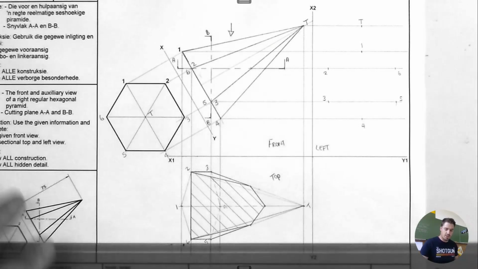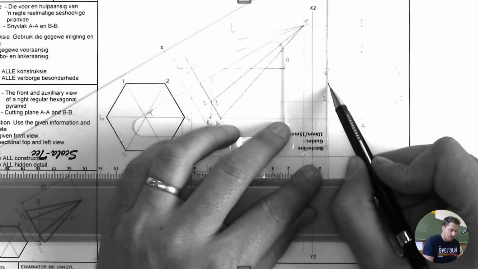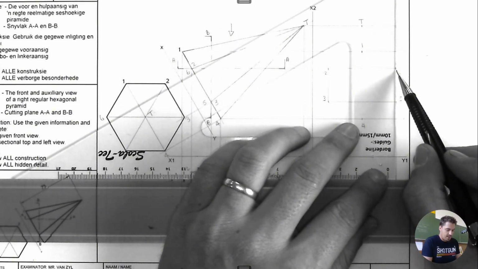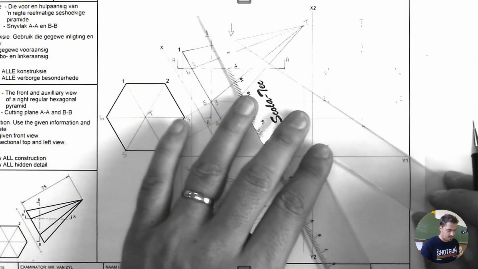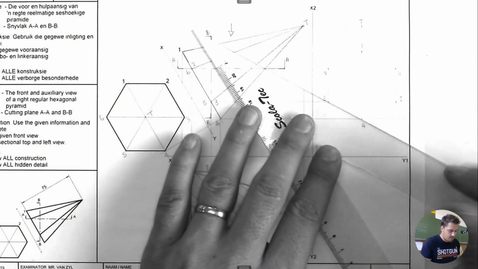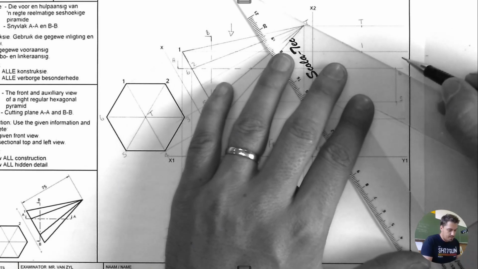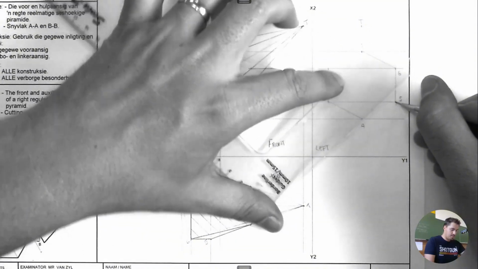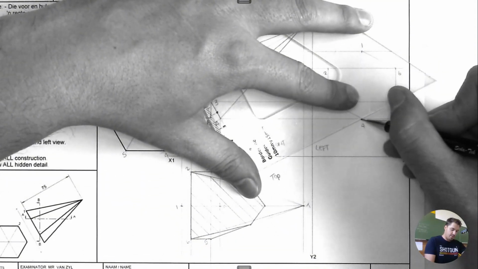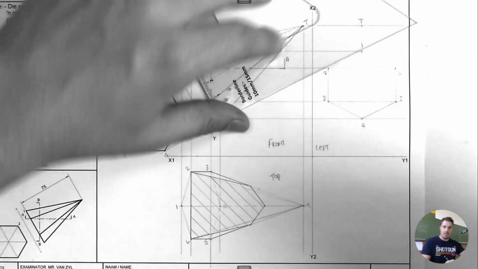So here we are going to do the same. We are connecting all the letters together, right? So 1 and 2, 5 and 6. Remember, it's construction. 4 and 3, 6 and 1. 5 and 4. 1 and 2.